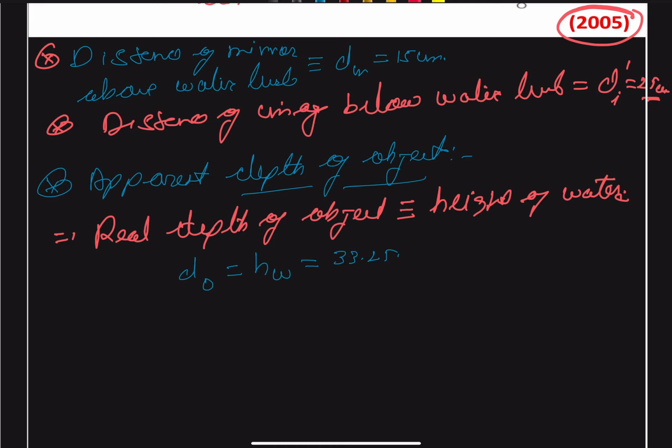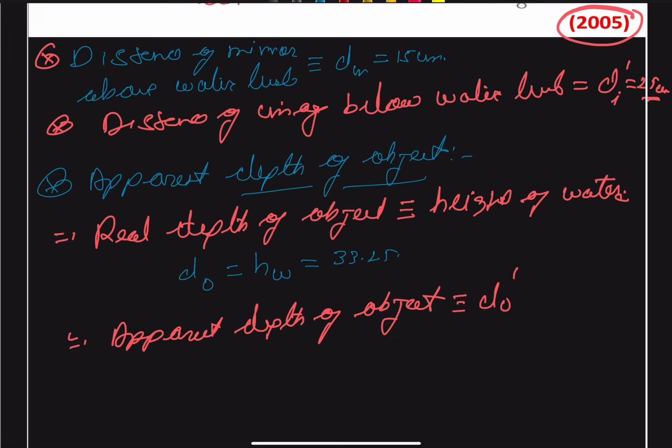Therefore, the apparent depth of the object, that is our dO prime, will be equal to the actual depth of the object divided by the refractive index of the water.